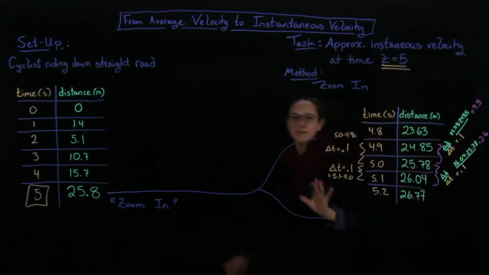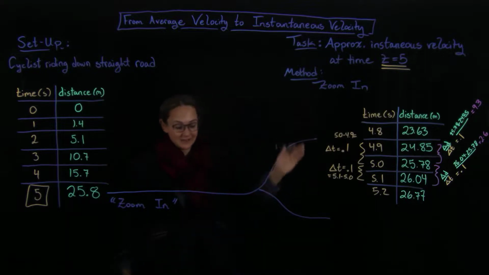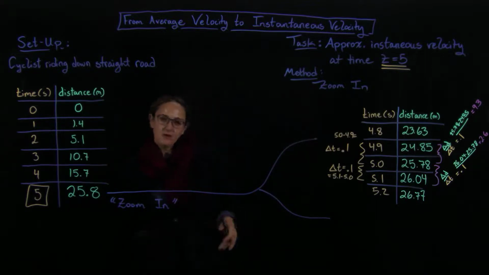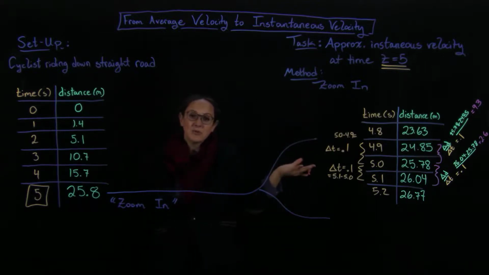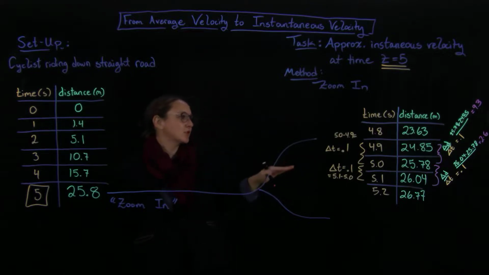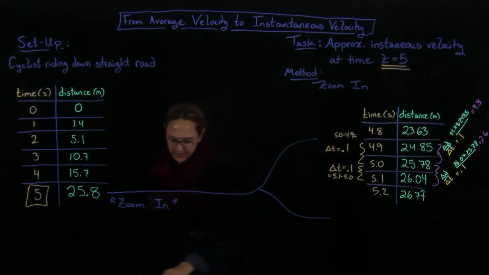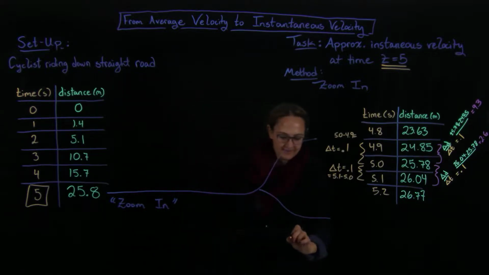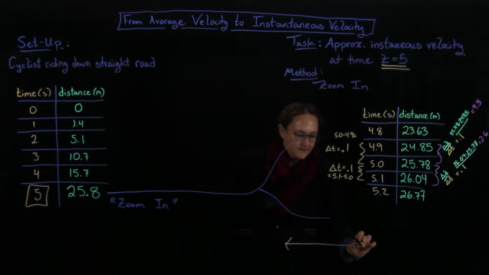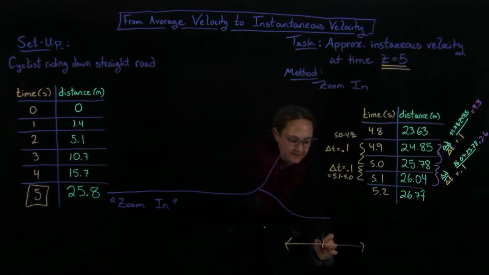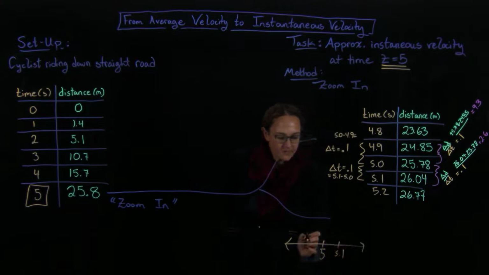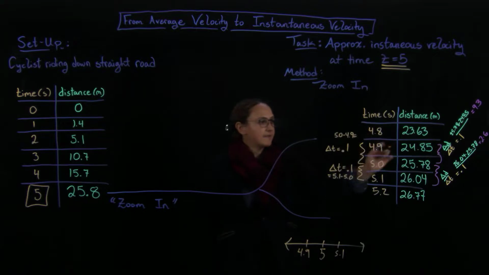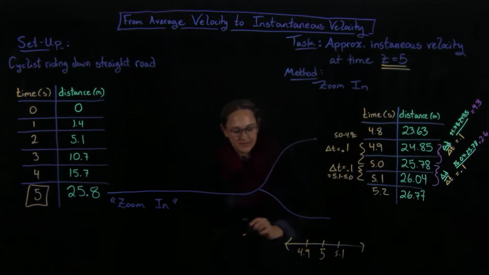This is something to think about for a moment: these are actually not very close to each other. You could think of this as drawing a picture, where I've got 4.9 and 5.1, and I'm looking at these slopes on either side.